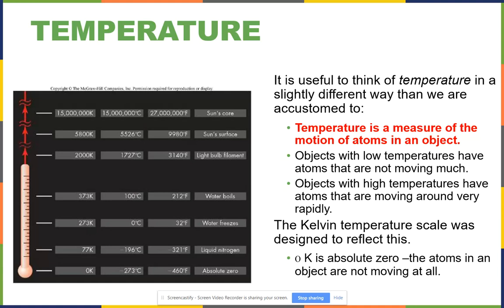And then you see liquid nitrogen. We know liquid nitrogen is really stinking cold, but you can see that it's 77 kelvins above zero. Kelvins is the scientific version of temperature. We, in the United States, use the Fahrenheit system. Fahrenheit, developed by Georg Fahrenheit, a German?